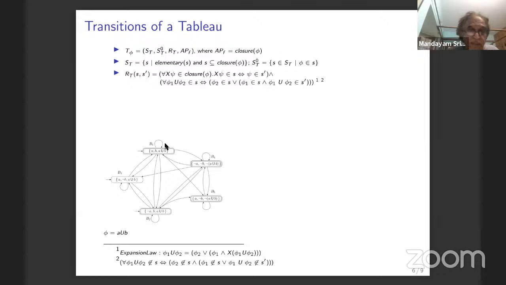That's why you will see a transition to itself, and a transition from that state to every other state. Once A until B is established, it becomes true, which is the case in B1 and B2. After that, it doesn't matter what follows. Anything can follow once A until B is true.